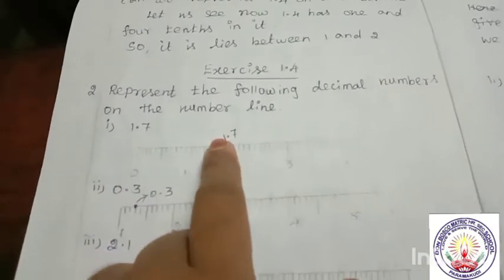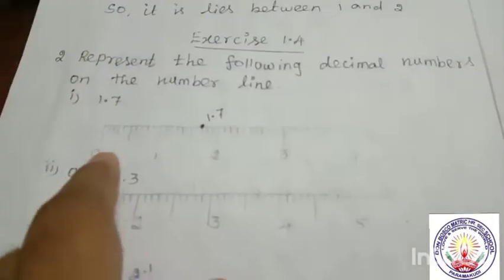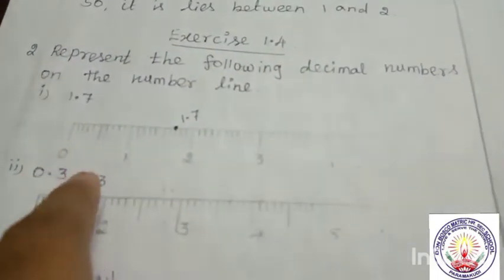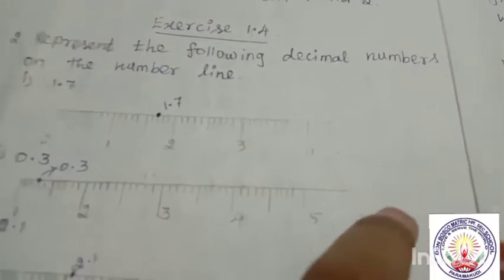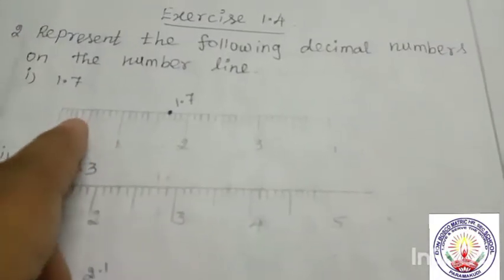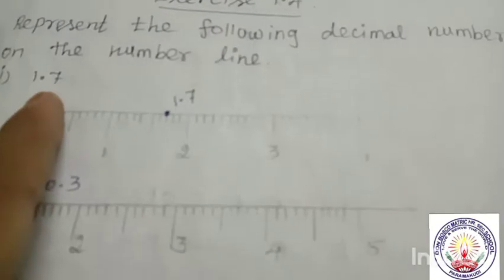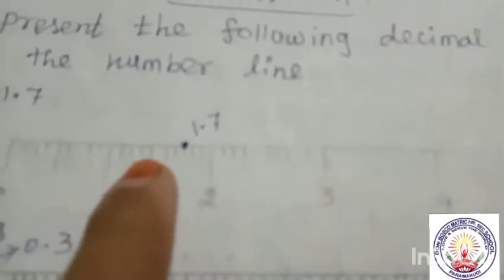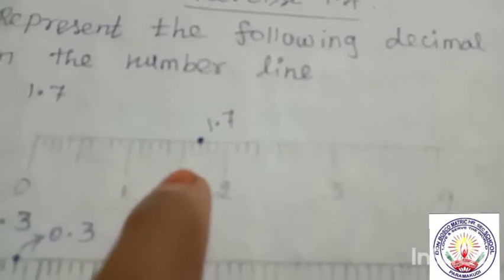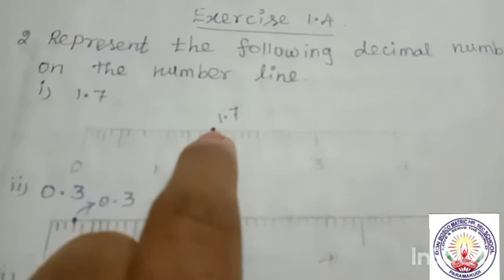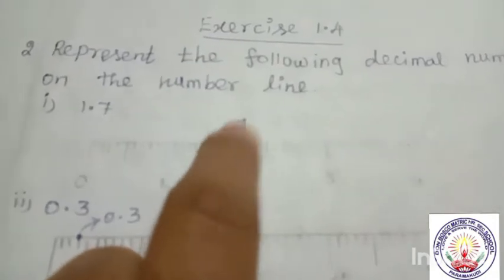You draw the scale. 0, 1, 2, 3, 4, all of them centimeters. 0.1, 0.2, 0.3 are millimeters. Next 1.1, 1.2, 1.3, 1.4, 1.5, 1.6, 1.7. You put the dot and write 1.7.